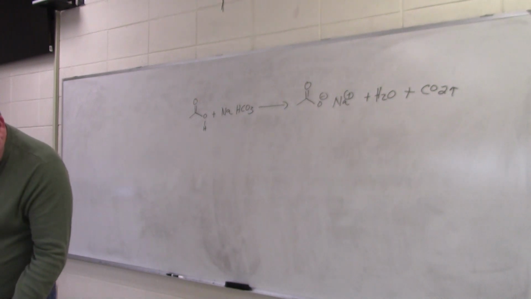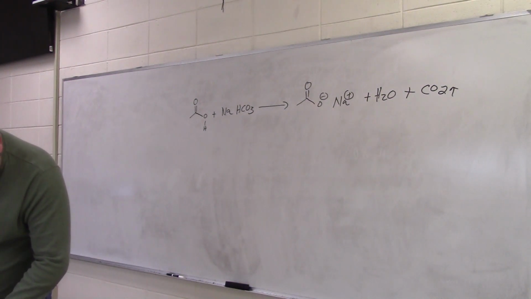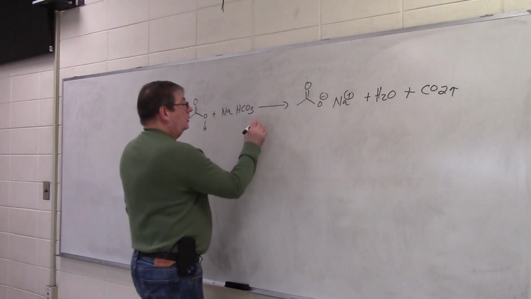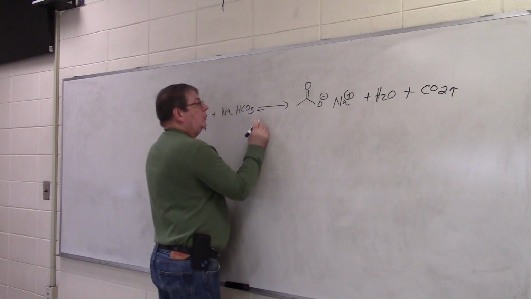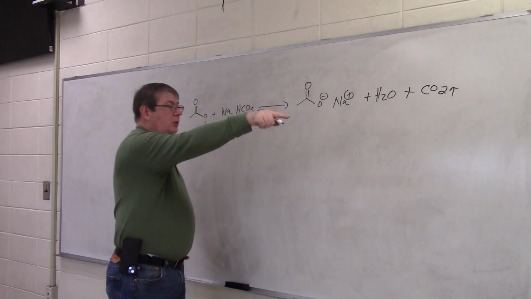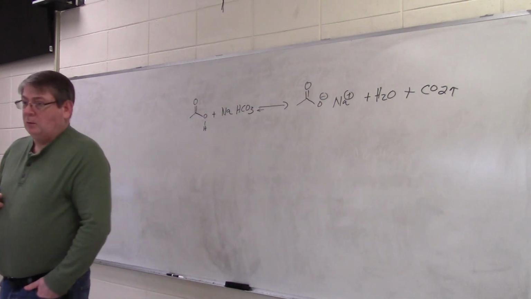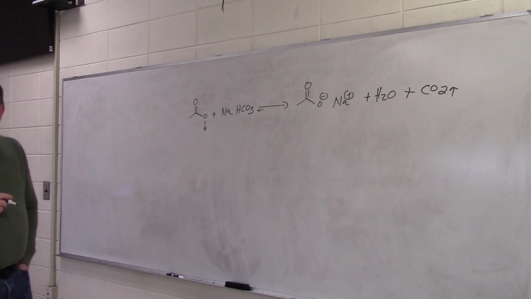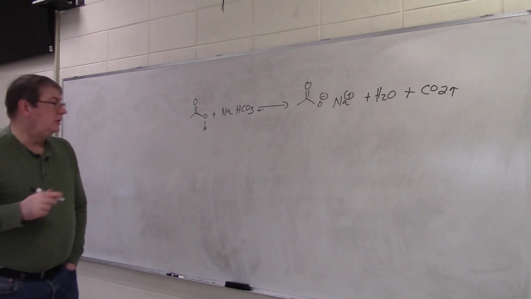All right? Now the question says this equilibrium lies mostly to the products. What's the pKa of bicarbonate? 10.33.